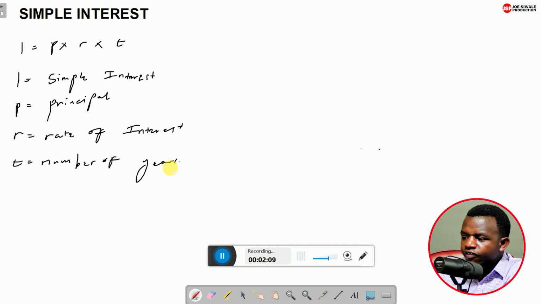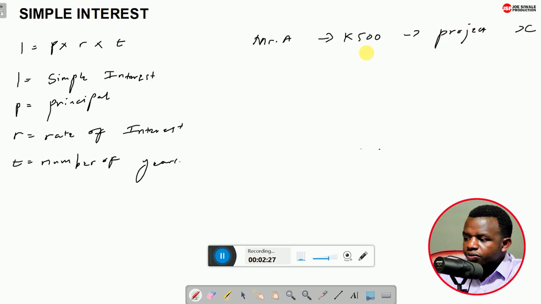And we gave our first example, where Mr. A invests 500 kwacha in project X, and we were told that Mr. A will be receiving an interest rate of 10%.